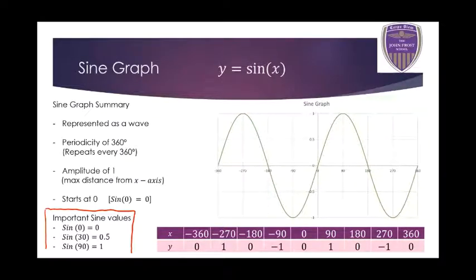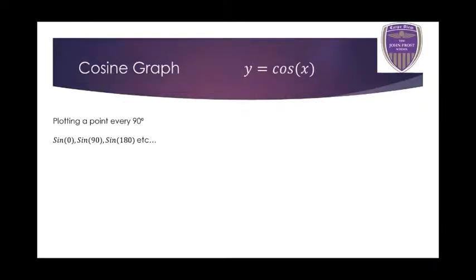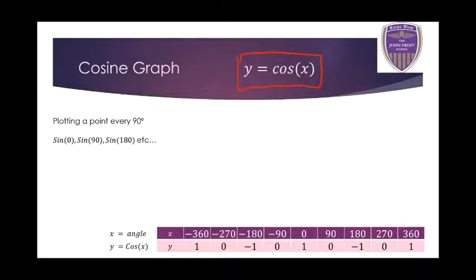Let's have a look at the cosine graph. So again, we're going to plot a point every 90 degrees for the cosine graph, except the function this time is y equals cos of x, okay? So let's draw our table. Here's our table. Just by glancing at it, it looks very similar to our sine graph.